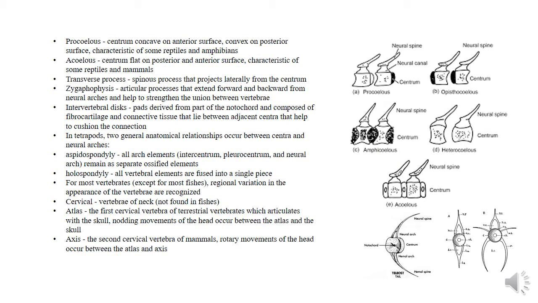Procoelous: centrum concave on anterior surface, convex on posterior surface, characteristic of some reptiles and amphibians. Acoelous: centrum flat on posterior and anterior surface, characteristic of some reptiles and mammals.